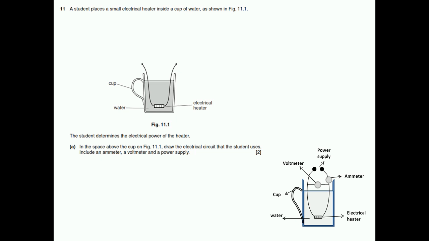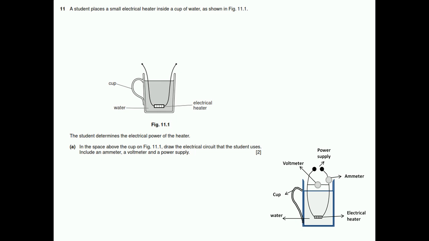Voltmeter is always connected in parallel to the equipment, like in this case the voltmeter is connected parallel to the heater. You can also connect it parallel to the power supply, and the ammeter is always connected in series. So in one of the branches, we will connect the ammeter with the power supply.